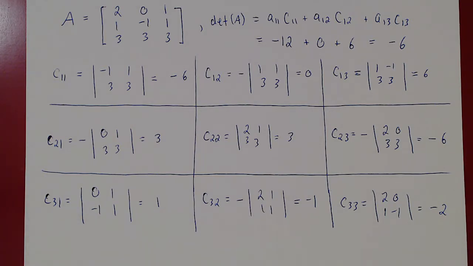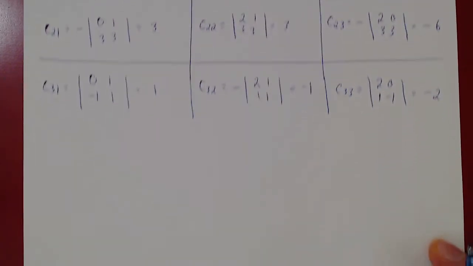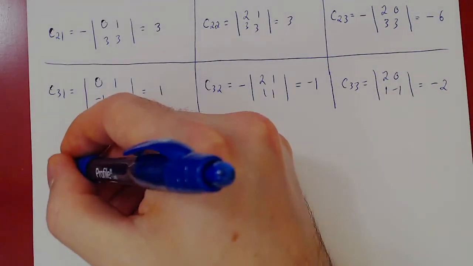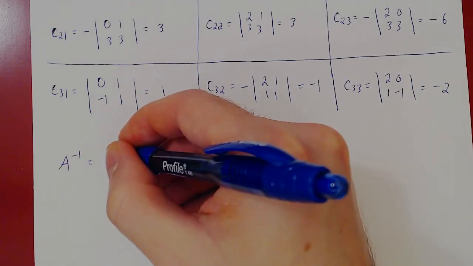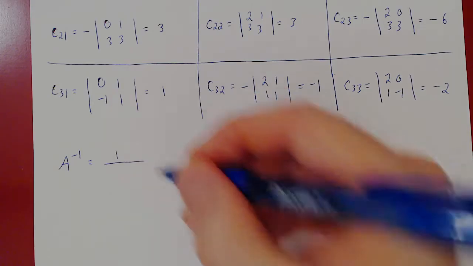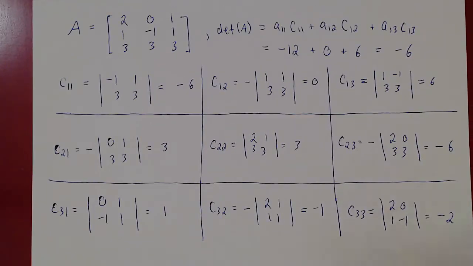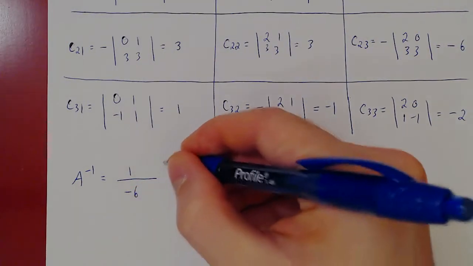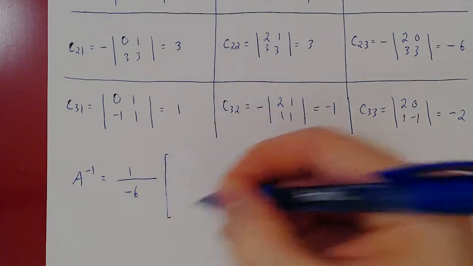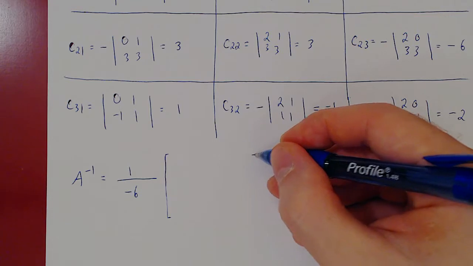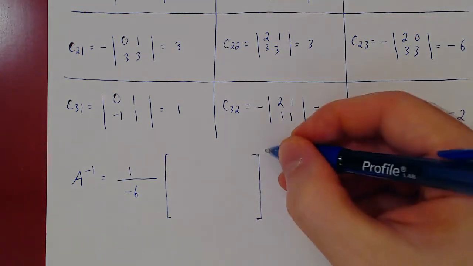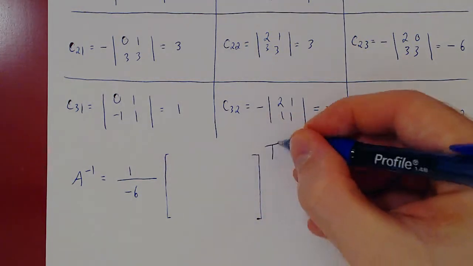And we're done. We have the inverse now, right? So let's write our final answer. From the adjoint formula, A inverse is 1 over the determinant, negative 6, times the adjoint formula. And if you remember, the adjoint formula is the cofactor matrix transposed.